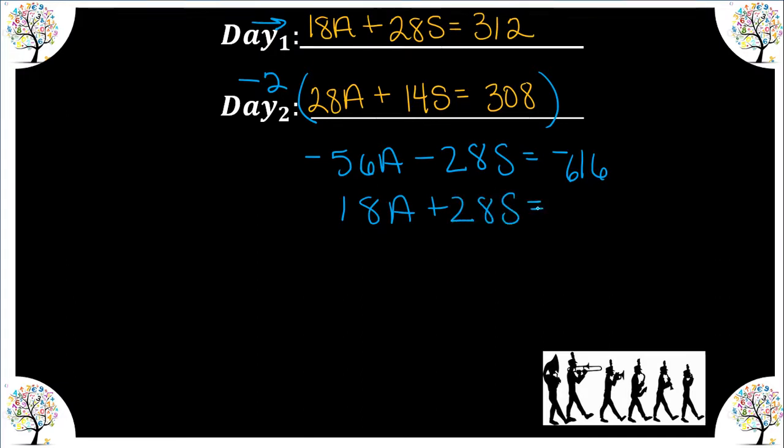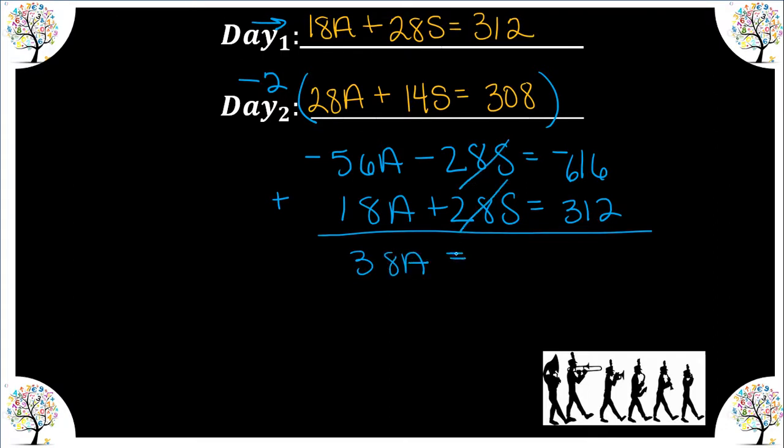Because I use these specific variables, at the end when I'm solving I know which value that represents. So we're going to combine these. I have 38a. My s's are eliminated.